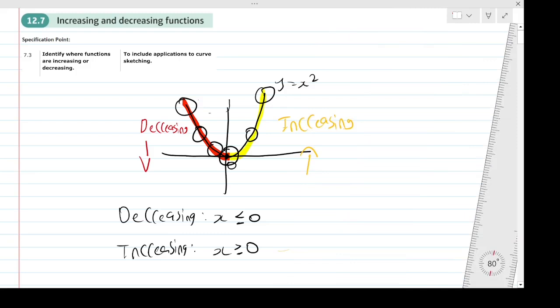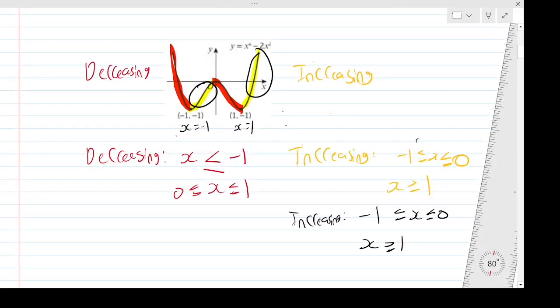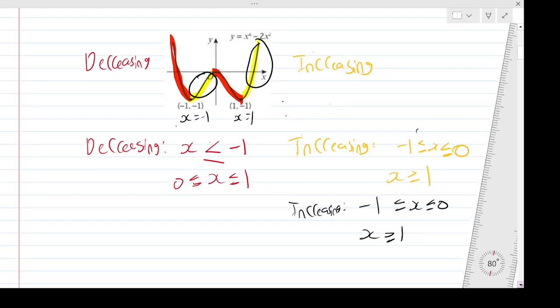So really, we can consider gradients to translate this more precisely, right?